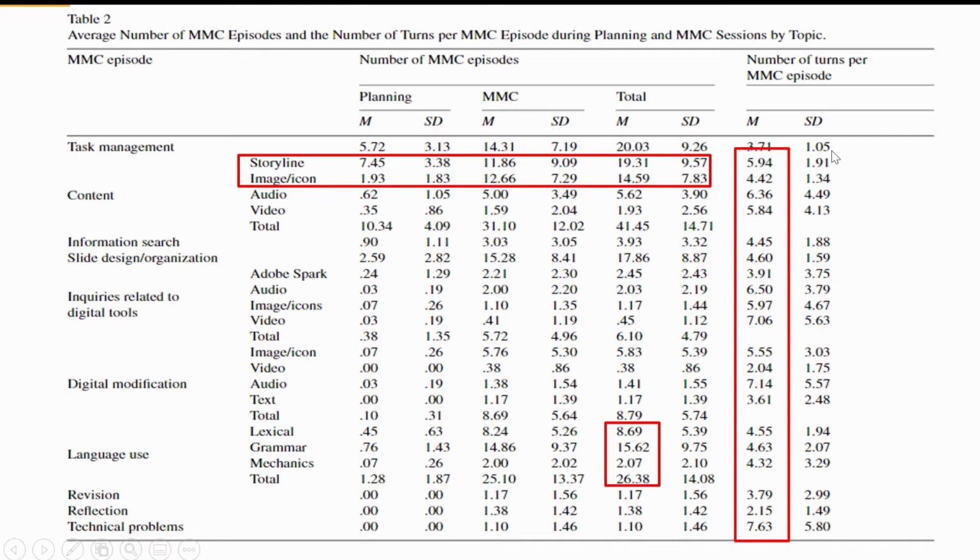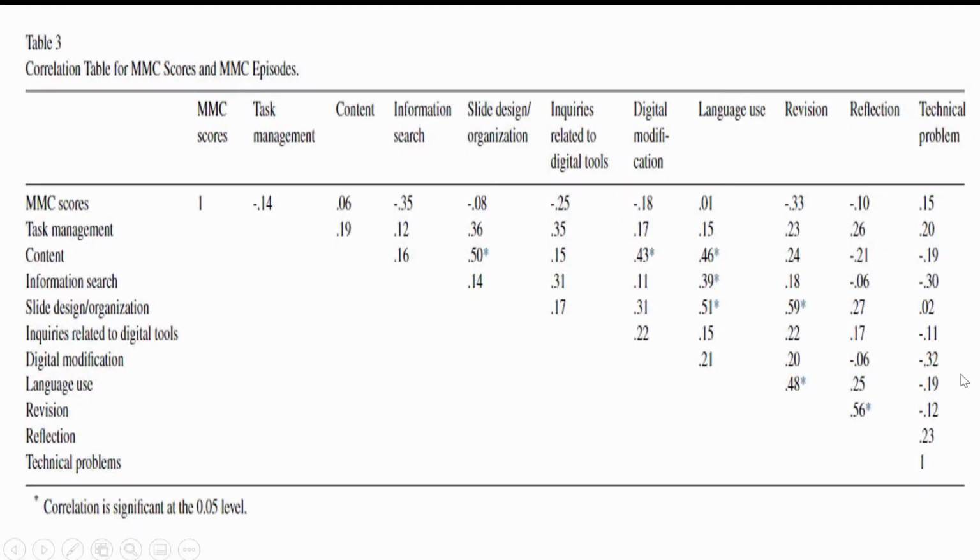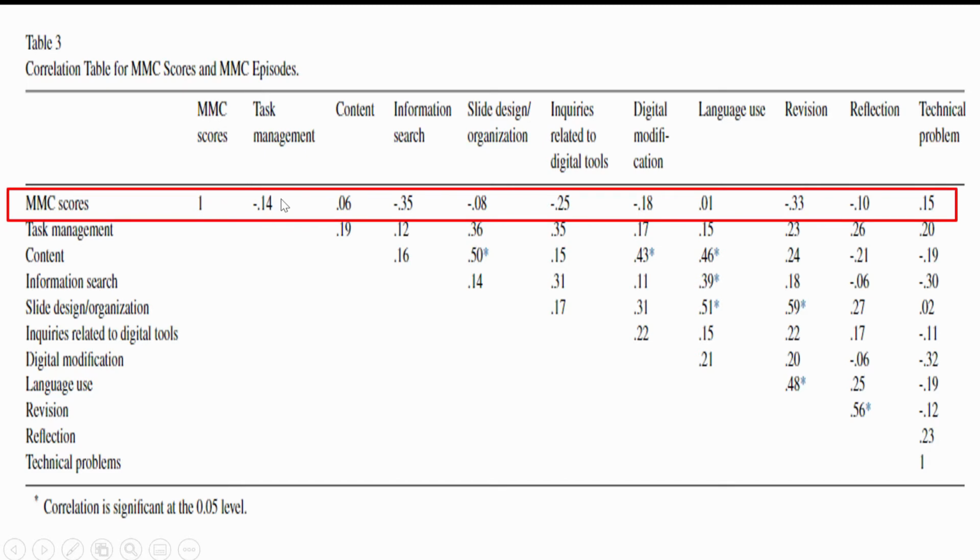This type of information can provide behavior task engagement while discussing the task performance. The result shows that there was no significant relationship between the MMC score, which was based on the holistic scoring, and the number of MMC episodes, which is related to behavior and cognitive engagement.